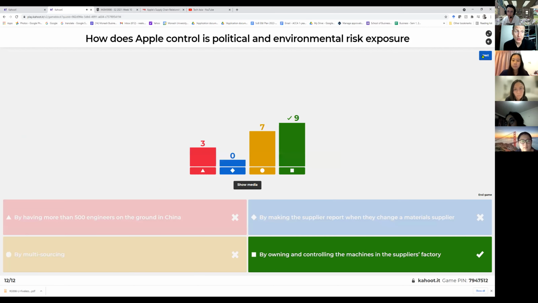There's one really good answer. It's definitely by owning and controlling the machines in the supplier's factory. No one knows that it's an Apple factory, but they basically have control over that factory as if it is an Apple factory. So if that factory gets labeled by the China regulators, oh, you need to clean up your environmental pollution or this or that, then the word doesn't get out that this is an Apple factory.